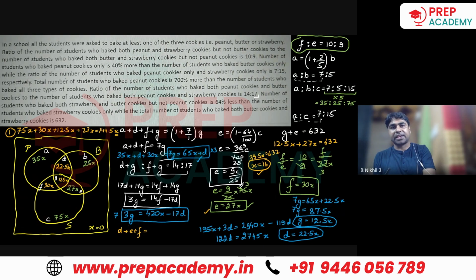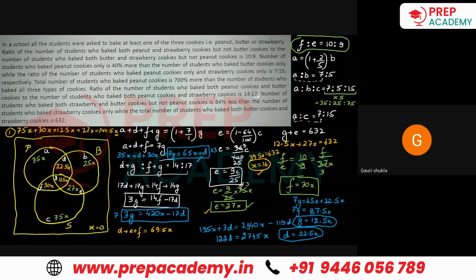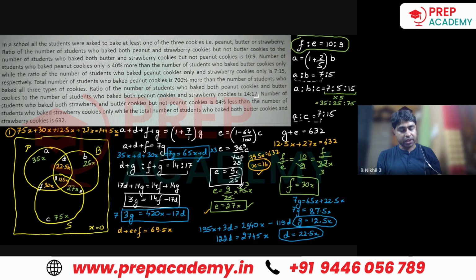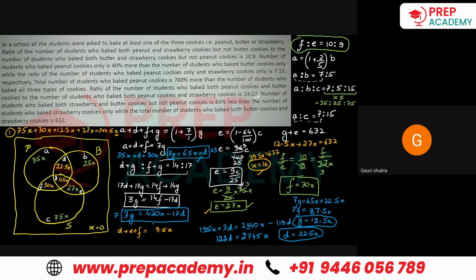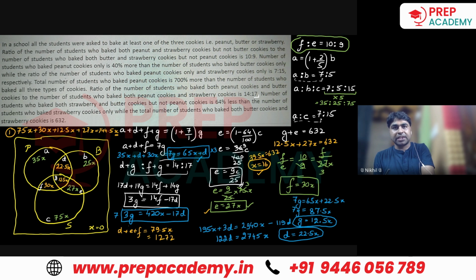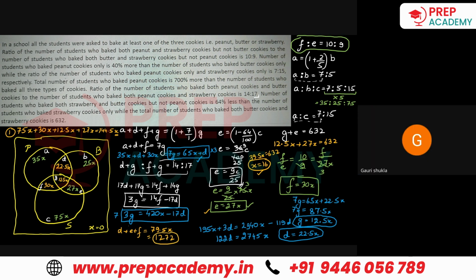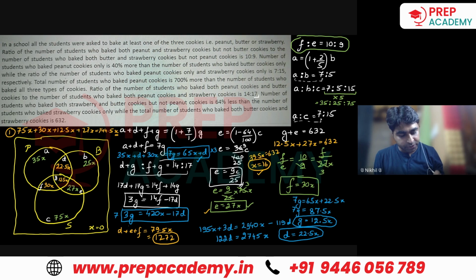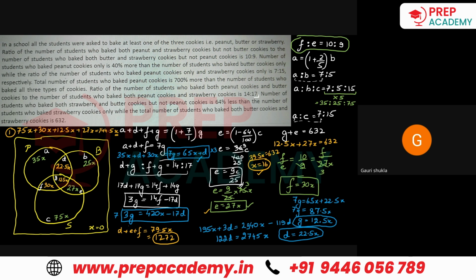So just multiply 79.5 with 16, and that would be 1272. This is the answer? Yes. Is it saying 1672, or is this the answer that you marked? No, 1672 is one of the options.